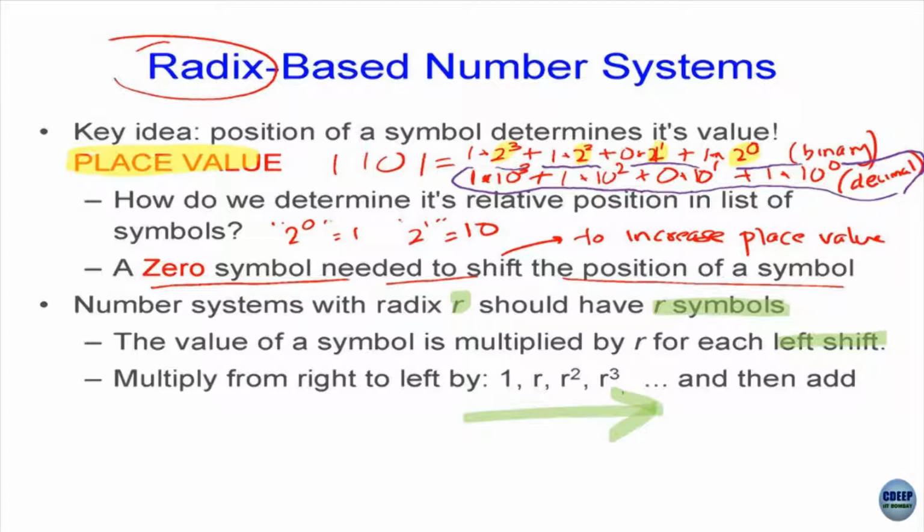So for example, here 2 raised to 0 is a 1, whereas if I want 2 raised to 1, that is 2, you will represent it as 1 0.